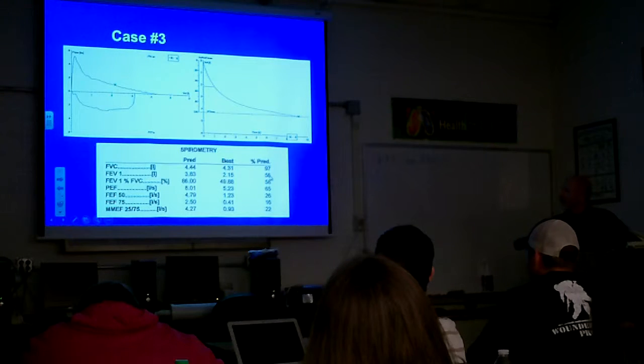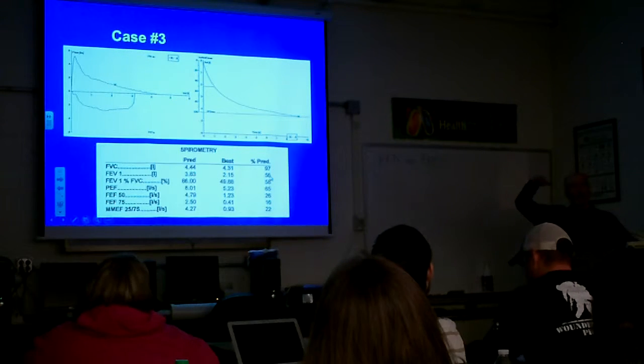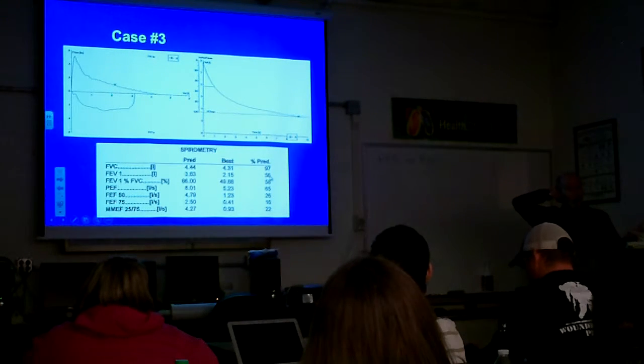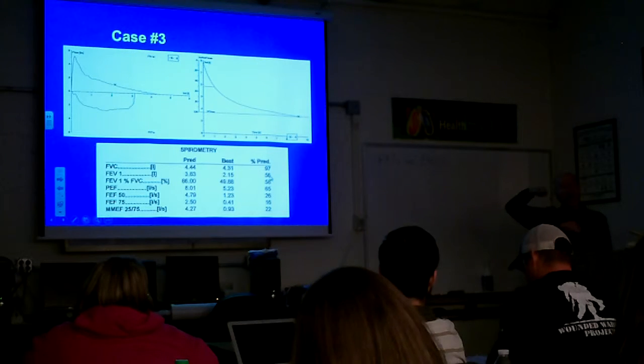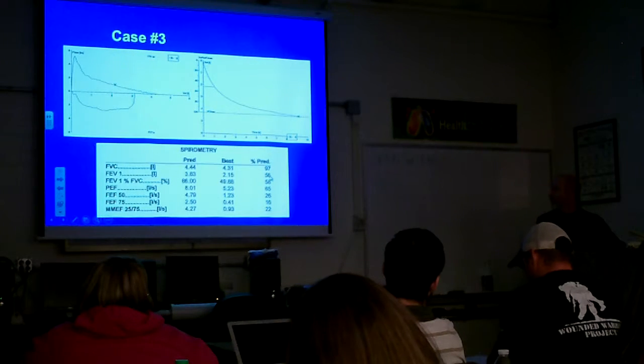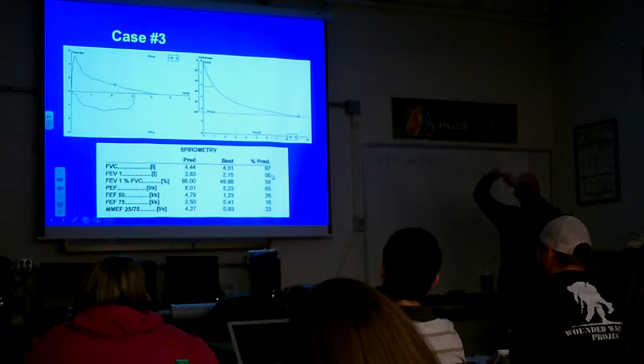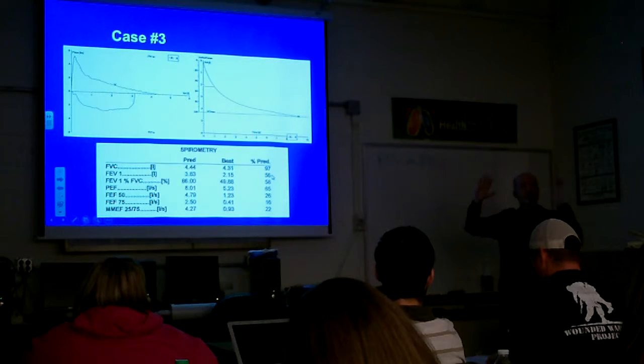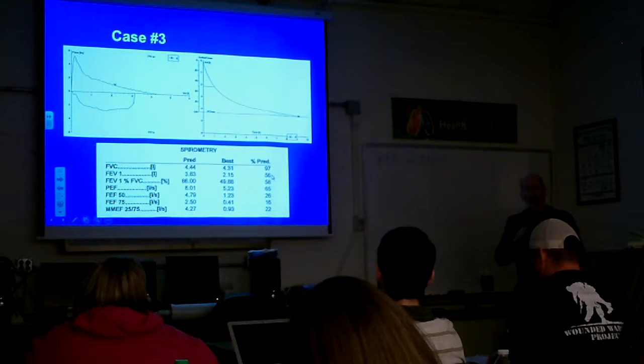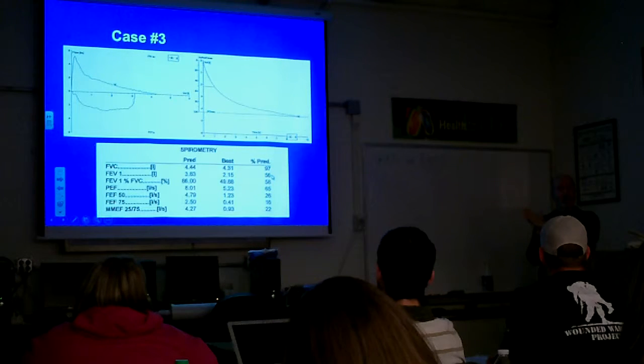If we could actually quantify it by looking at this, it's 56% of predicted. Remember, if we're going by the goal, you have your FEV1 divided by forced vital capacity, and if it is reduced, then you have obstruction. If the FEV1 is greater than 80%, then it's mild. Then 50 to 80 is moderate.